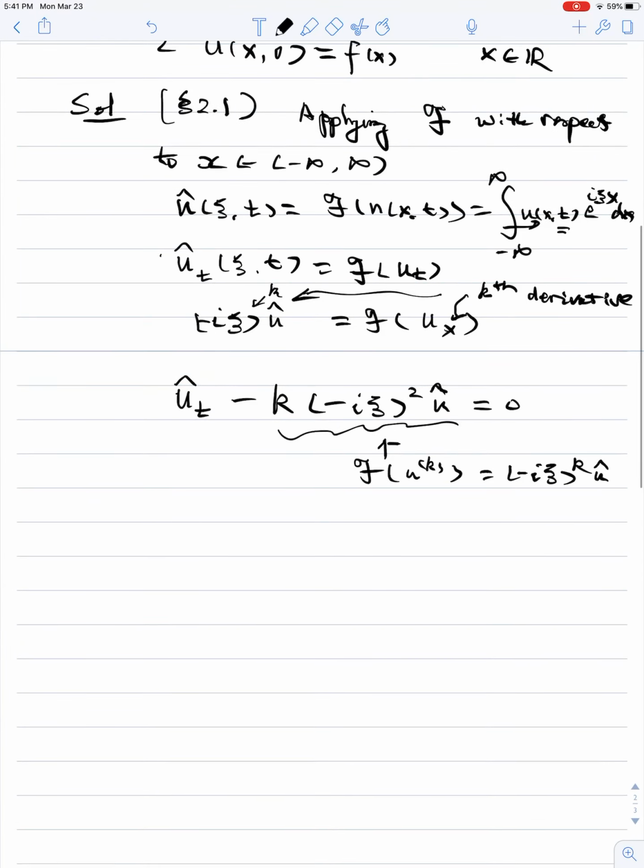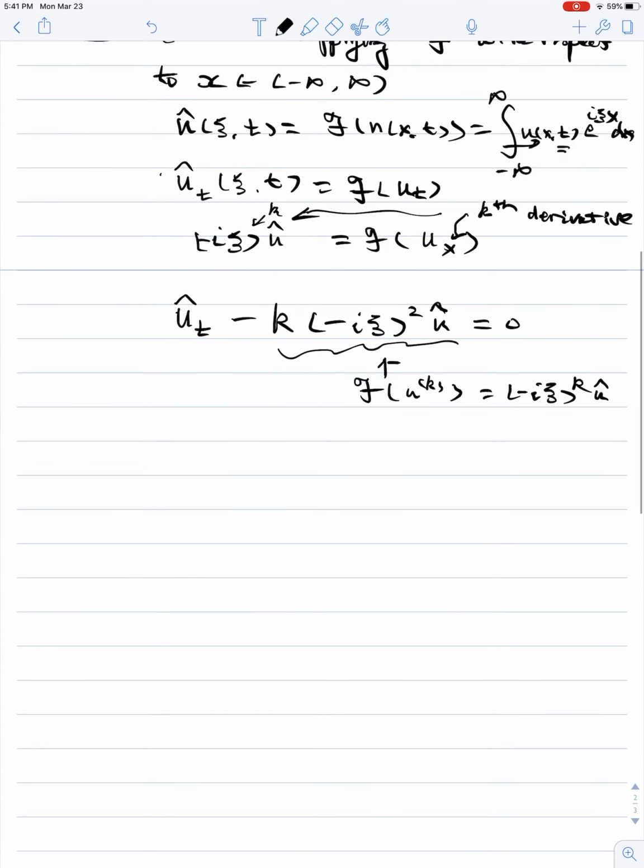Now we have this for û. This negative becomes positive, so therefore this becomes plus: û_t + kξ²û = 0. Now for û, this is actually an ODE.